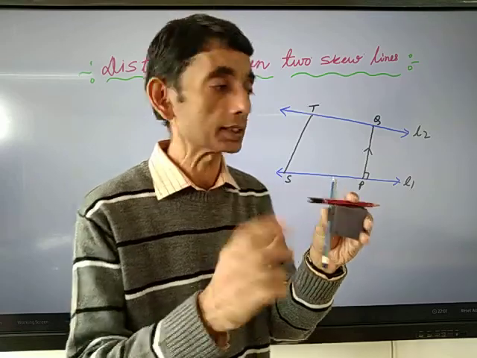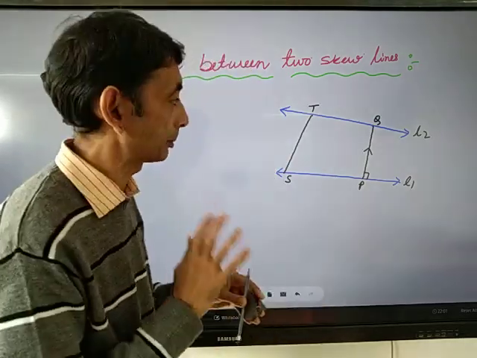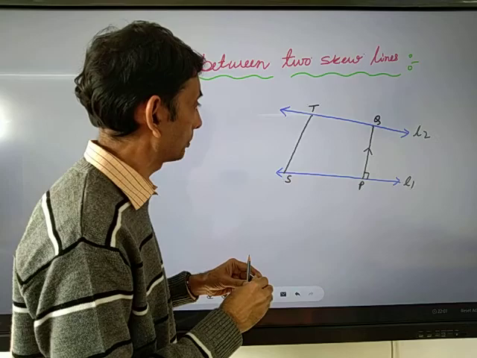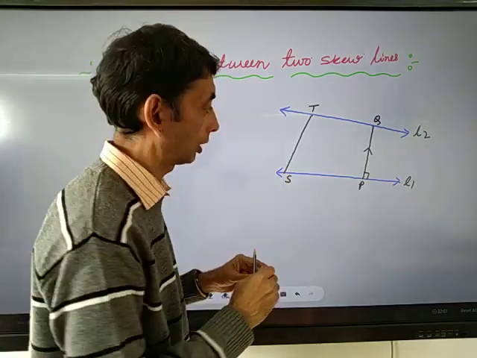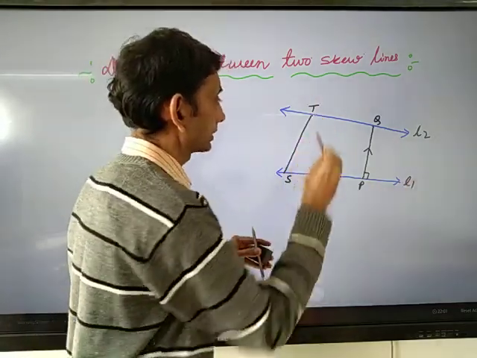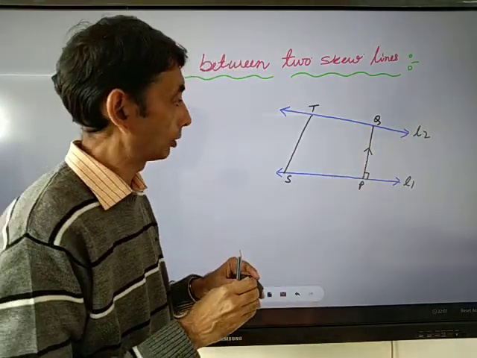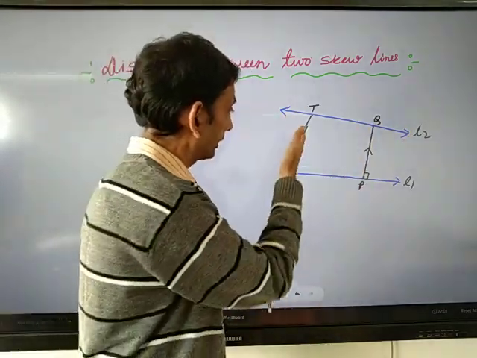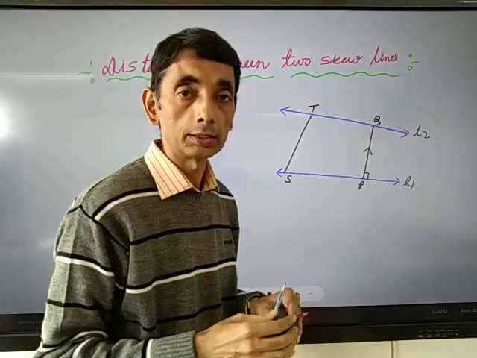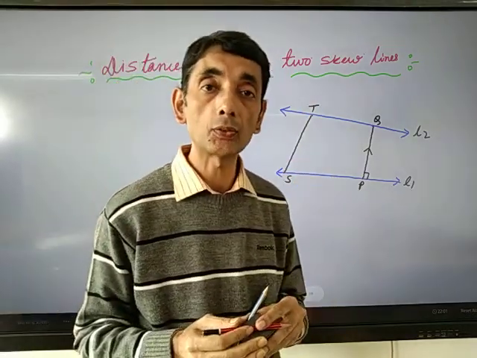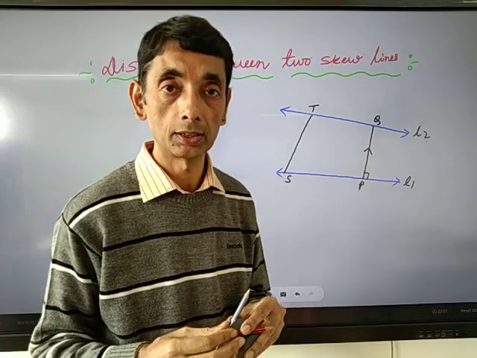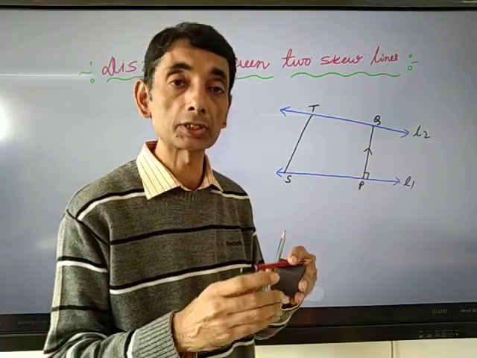Let us take S as one point on line L1 and T as another point on line L2. Then we can take the projection of ST along the direction of the line of the shortest distance.